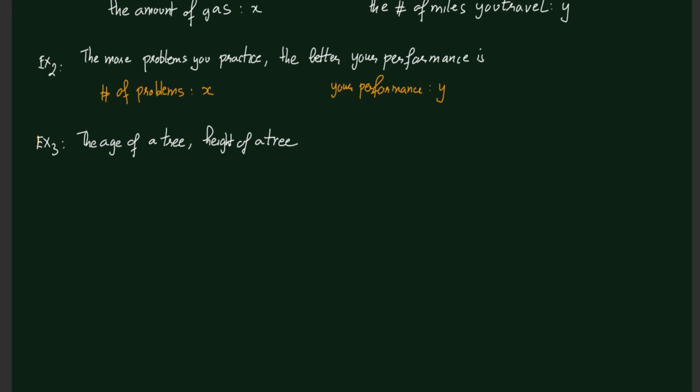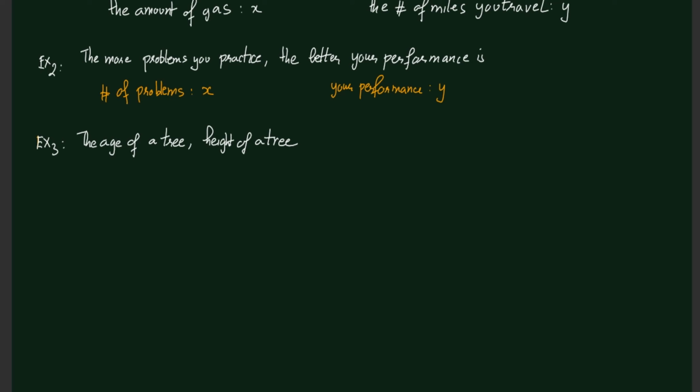Okay. So which one is the independent variable? Which one is dependent? So the age of the tree, the older it grows, the higher it becomes, right? The higher the tree will be, right? So the older it's growing, the more it's growing, the higher the tree is growing. Okay, all right.